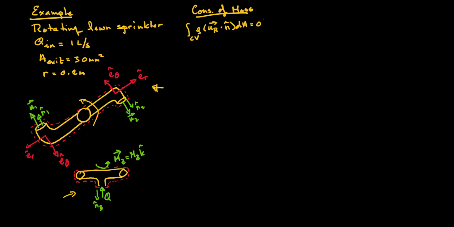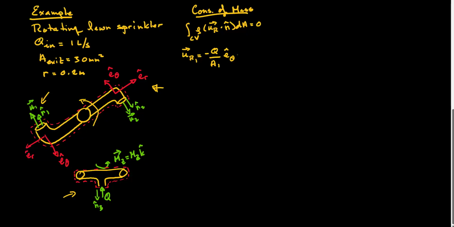So let's have a look at what we have here. Let's start with U1. So we're going to look at this exit over here. So we know that the relative velocity is going to be equal to minus Q over A1 in the negative theta direction.